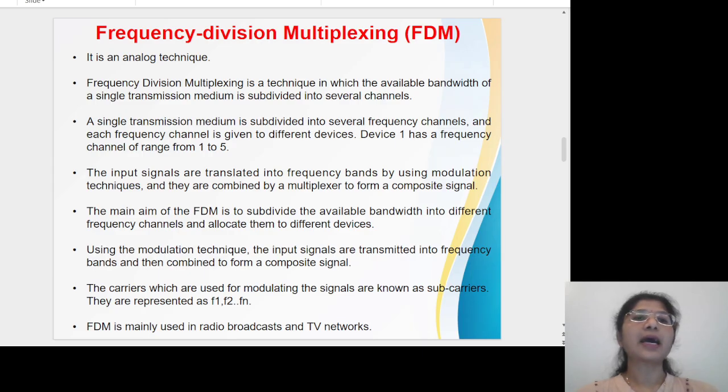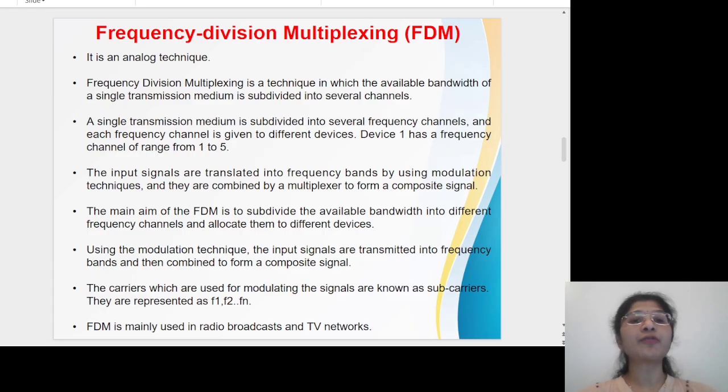In frequency division multiplexing the signals are analog, therefore it is an analog technique in which the available bandwidth of a single transmission medium is divided into several channels. The input signals are translated into frequency bands by using modulation techniques, and they are combined by a multiplexer to form a composite signal.